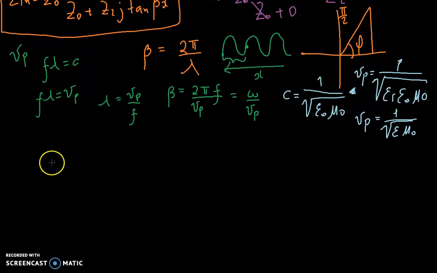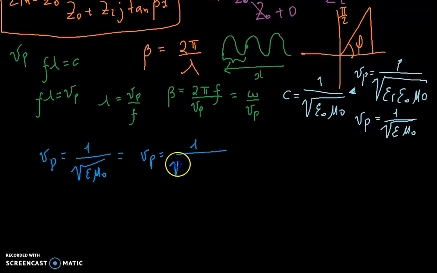Okay, so the propagation velocity is equal to 1 over the square root of epsilon times mu naught, which is equal to, now propagation velocity, remember that it's 1 over the square root of epsilon relative times the square root of epsilon naught mu naught, which is just equal to 1 over the square root of epsilon relative times the speed of light.